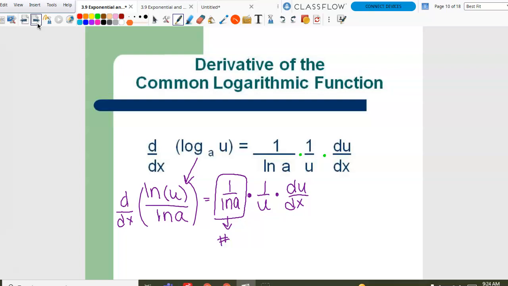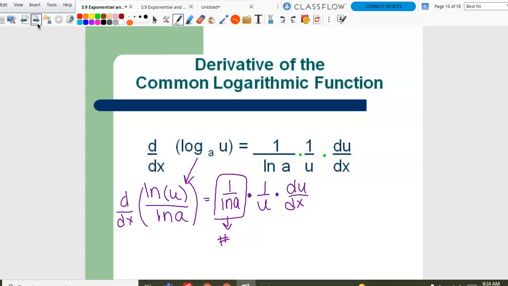And then that part zeroes out. So now you have the ln of a times u prime over u all over ln of a times ln of a. So that's how one of those ln of a's cancels.